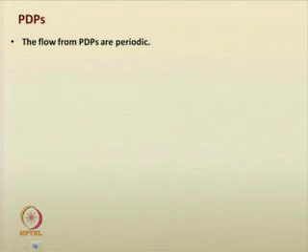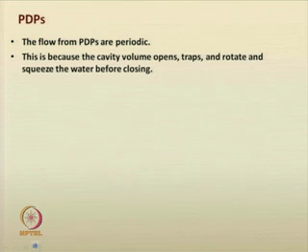In this case, the inlet and the outlet of the pump do not operate simultaneously. It is some sort of a periodic state. An inlet will be open, it allows water, then it closes, then the outlet opens. So, it involves a periodic mechanism, and the flow from positive displacement pumps is usually periodic.